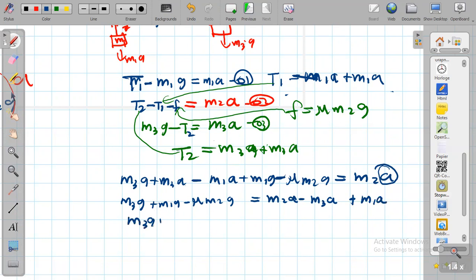So M3G plus M1G minus mu M2G equals A times M2 plus M1 minus M3.